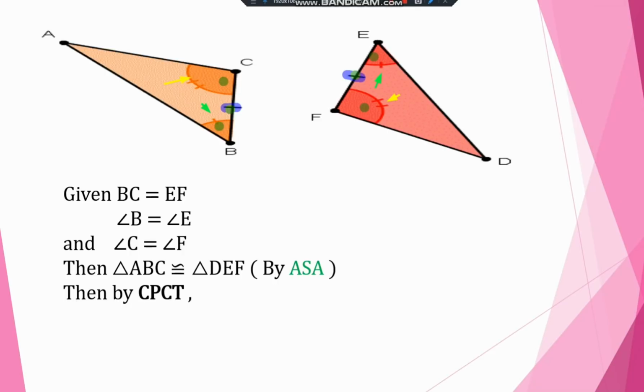The angles opposite to these equal sides will be equal. So angle A will be equal to angle D.